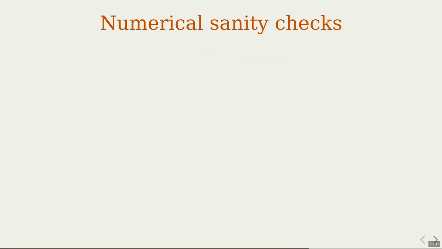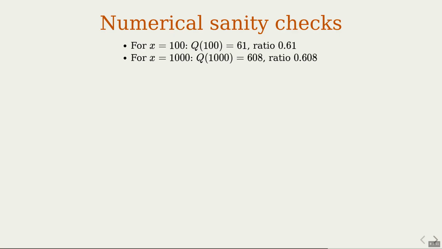Let us compare the theorem with some concrete values of q of x. Up to 100, there are 61 square-free numbers, giving a ratio of about 0.61. For 1,000, we saw there are 608 square-free numbers, and the ratio is already very close to 0.608.